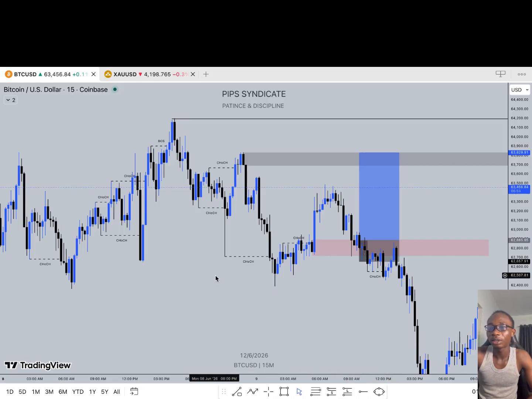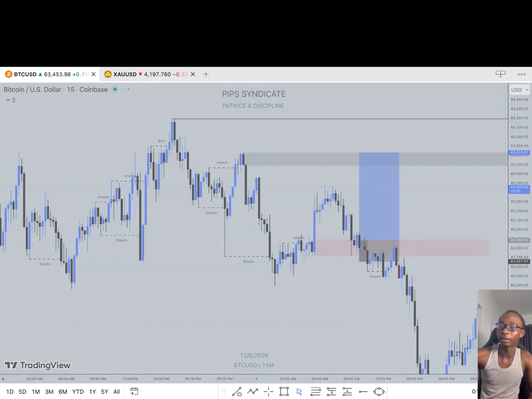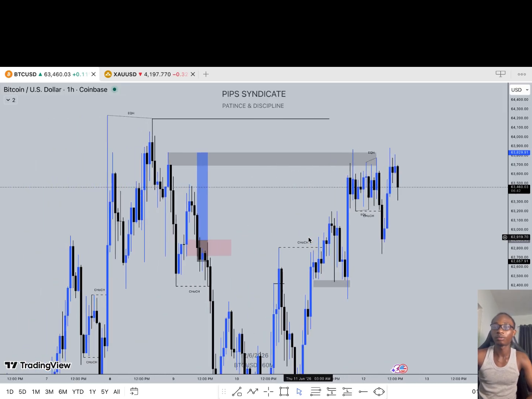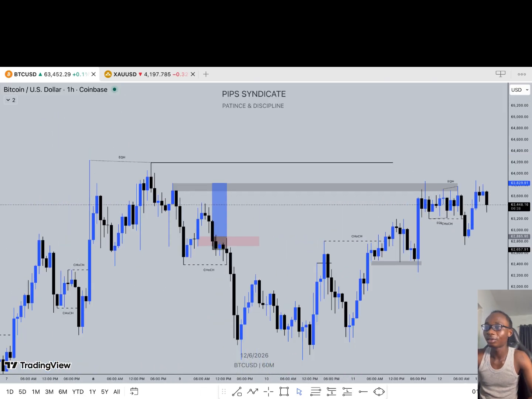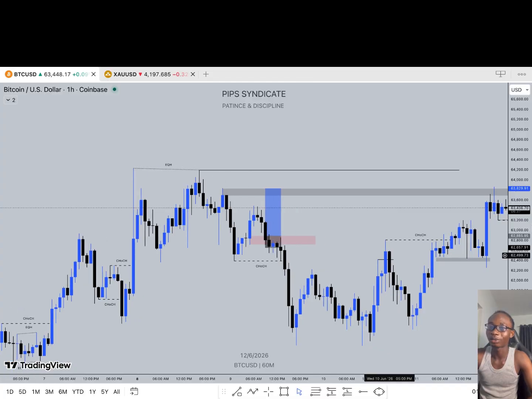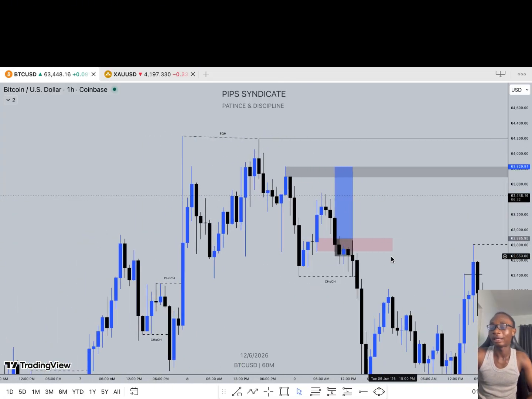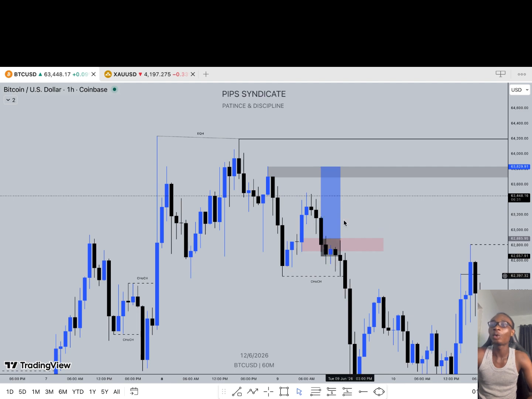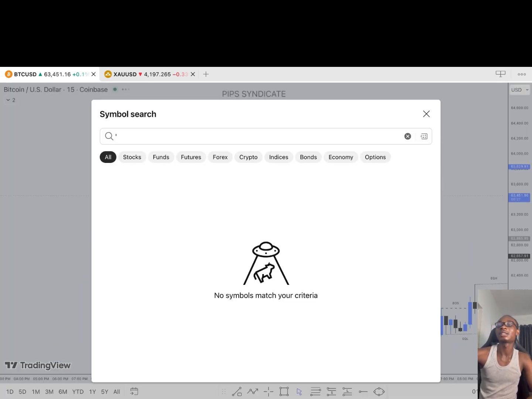I was actually waiting for price to take out this level and a change of character. Look at this 1 hour time frame, guys. I don't want to get you guys confused or anything. So here is what happened. I still did not do my top down analysis on this trade as well, because it was an impatient trade, and I was actually hoping for price to just continue from the 15-minute time frame, guys.